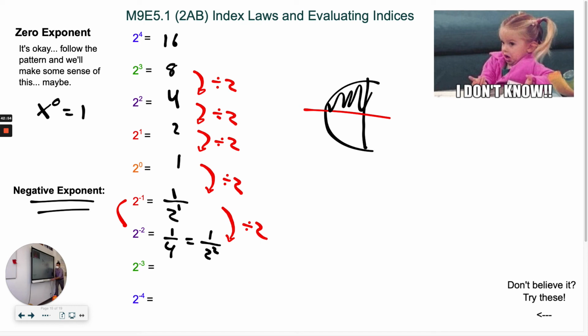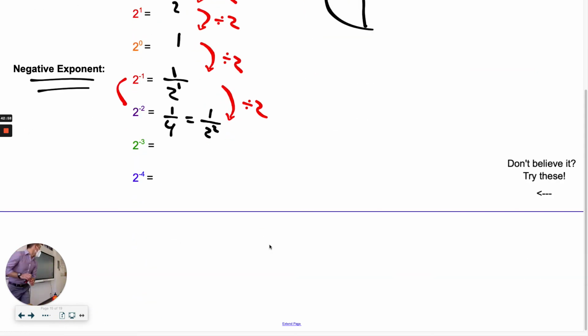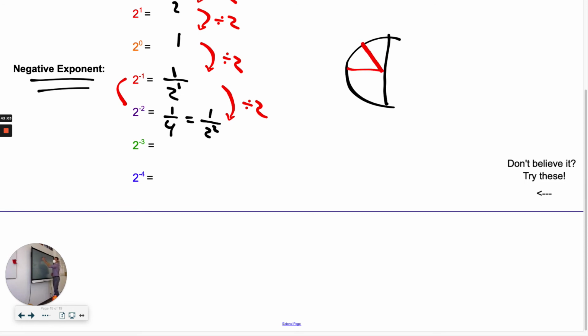If we play the same game again, we take our quarter pizza and we divide it in 2, what's a quarter cut in half? An 8th. And so instead of writing it as an 8th, I might write it as 1 over 2 cubed, 2, 4, 8. You see what I'm getting at?